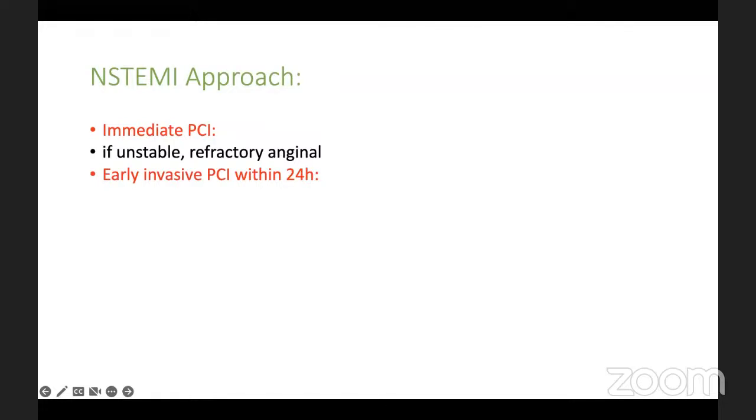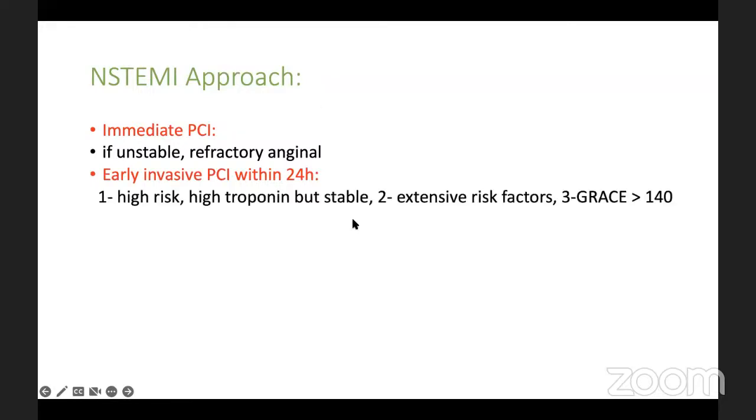Okay, so the patients for early invasive PCI within 24 hours are those who have high-risk comorbidities, high troponin, but the patient is stable, extensive risk factors, or you have some scores that you can use to stratify the patient.